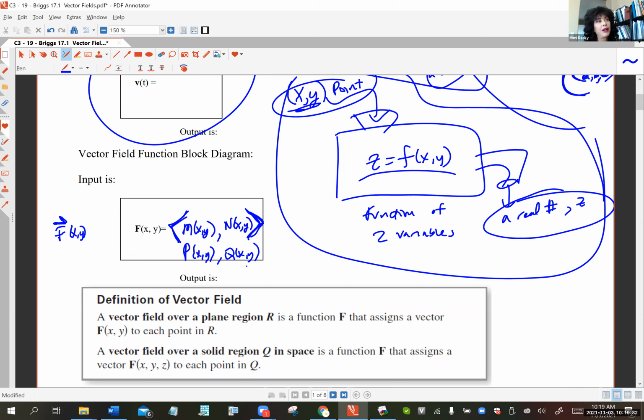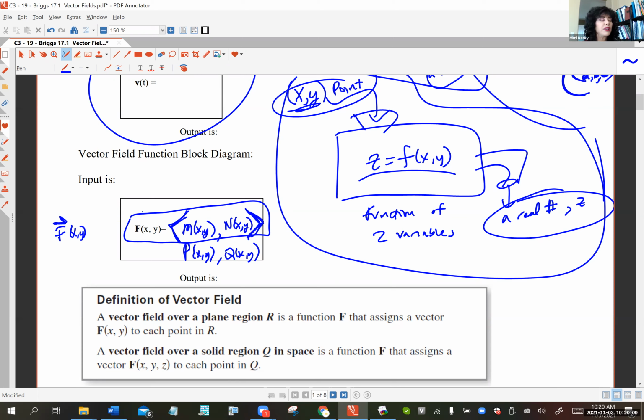I'm never going to use P and Q in my lectures because traditional mathematics uses M and N. And for those of you that are going to take differential equations next semester, or maybe the semester after that, you will thank me because you will study an exact equation, where you're given an equation in differential form and you're asked to find the solution.